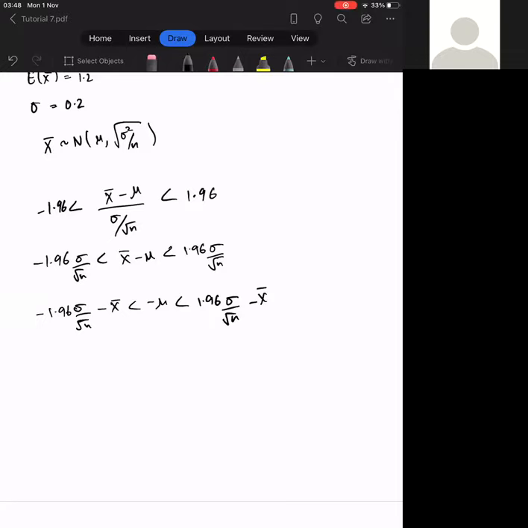Because we have minus mu at the center, and we want there to be mu, we swap the signs.